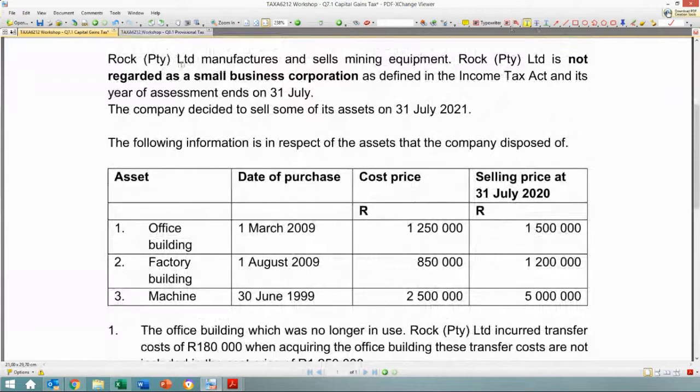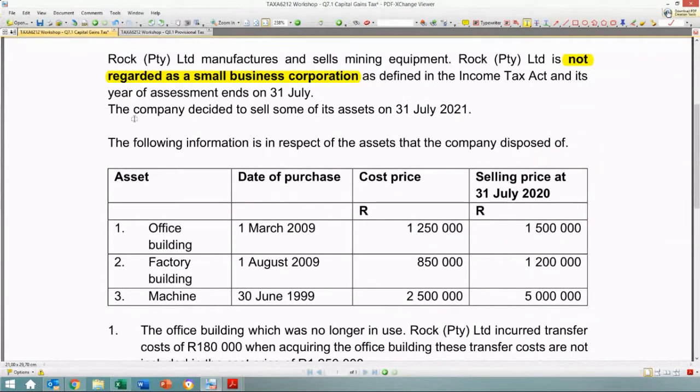They tell you Rock Pty Limited manufactures and sells mining equipment and is not regarded as a small business corporation, so that means we're just going to apply the normal rules, as defined in the Income Tax Act.